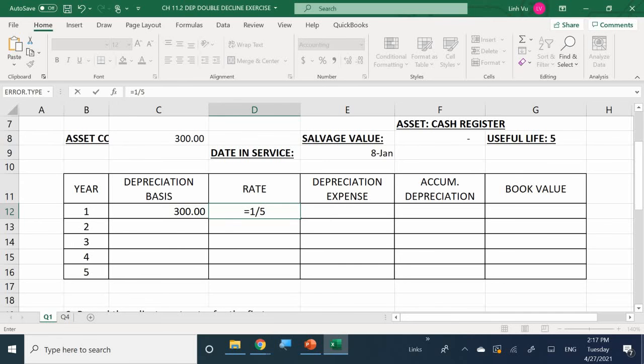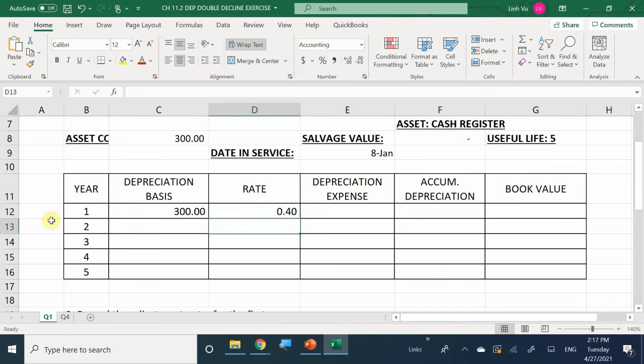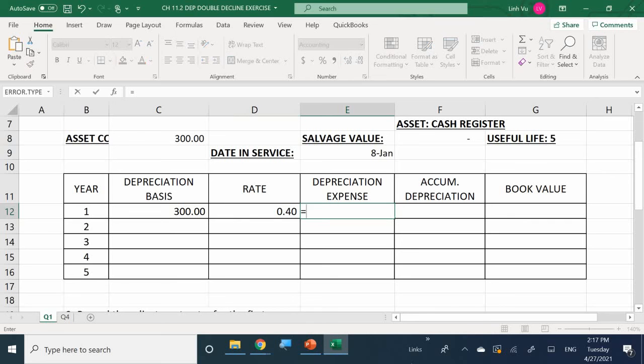Right? It's going to be 1 divided by 5 times 2, which gives you 0.4. Okay? So therefore, what is going to be my depreciation expense? 120. All right, so we're going to take my 300 and multiply it by my 40%. It's going to give me 120.